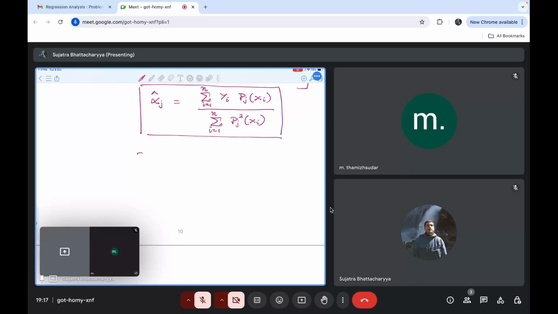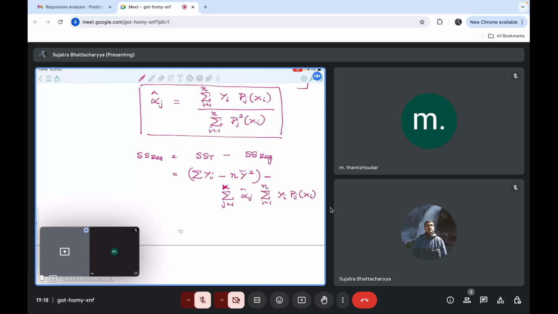Now, SS residual can be calculated from SS total minus SS regression. I'm just writing the expression. It's the summation of (yi minus y bar) squared, that is SS total, minus SS regression, which can be written as the summation over j equal to 1 to k, because there are k orders of polynomial, of alpha j hat times the summation of yi pj xi.